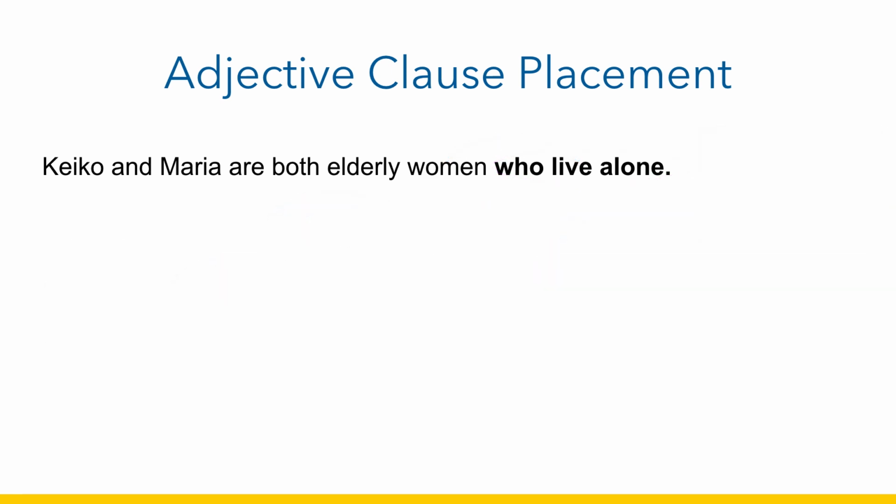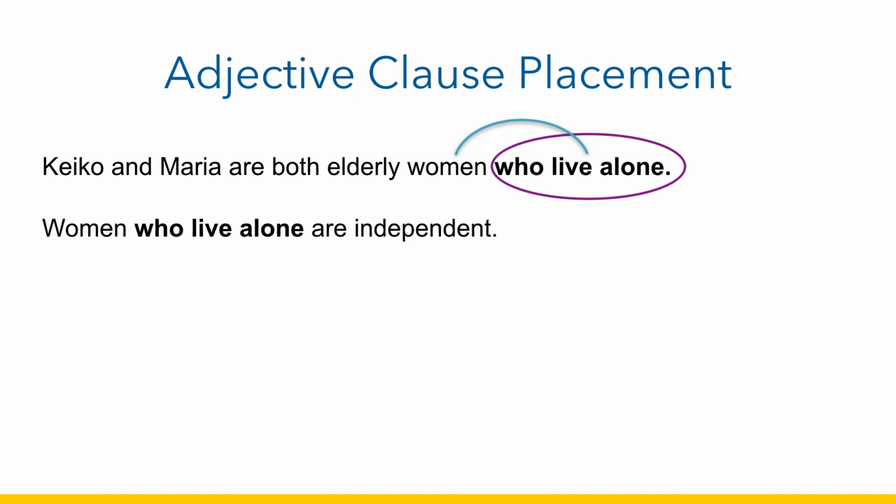All right, now you really know how to identify an adjective clause and the noun that it describes. But I should mention that sometimes you'll see an adjective clause in the middle of a sentence. It won't always be at the end. So here, women who live alone are independent, the adjective clause still comes after the noun it describes, but the rest of the sentence is part of the main clause.